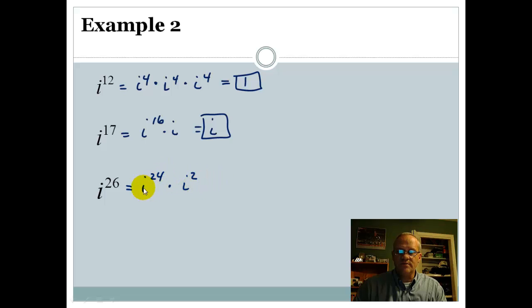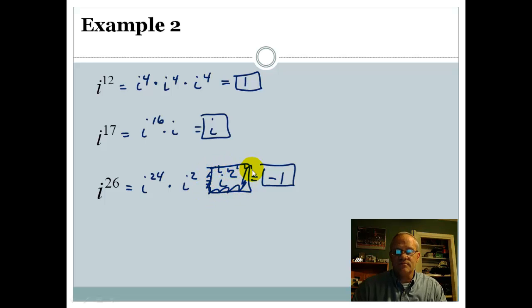And so this all becomes 1 over here, and I'm just left with i squared. Which, ooh, sorry, I should have gone one step further. i squared is really just negative 1. So that's what I should have left it at, not this. I'll just scribble that out. So negative 1 is where that should finish up.